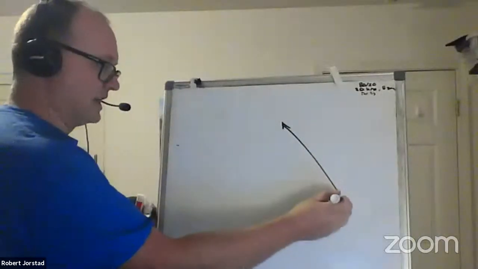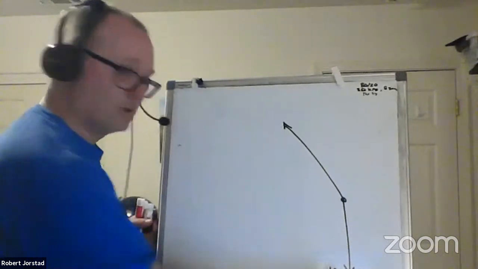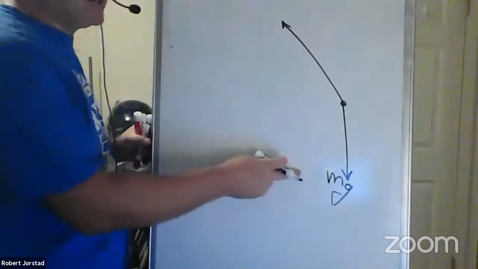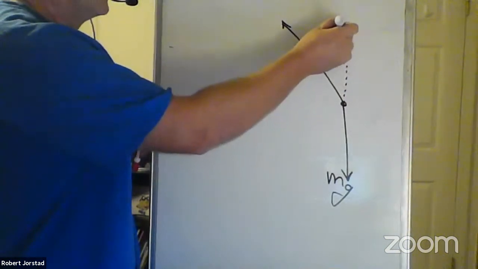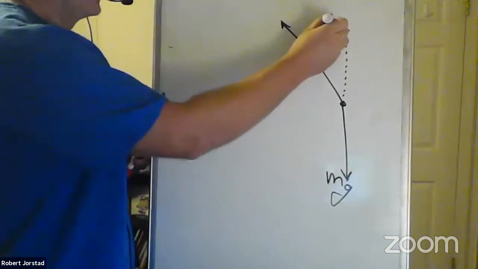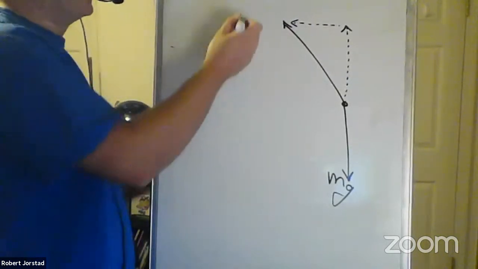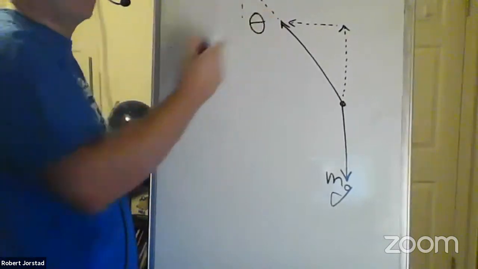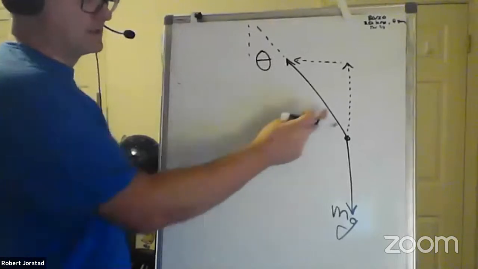So what you're saying is there's an mg down. Hopefully this is on the screen. There's an mg down, and the tension has to hold that up. In addition, there's another component towards the center. Now, in these problems, usually this angle up here is theta. So what's this angle right here?